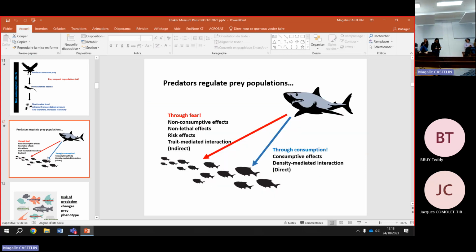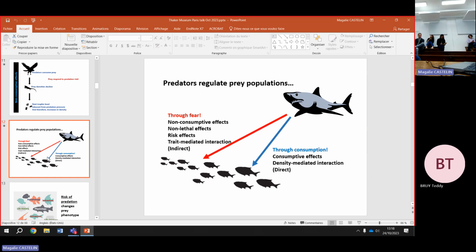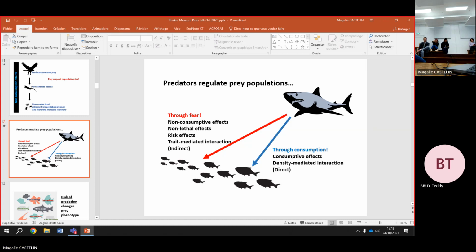Yes. This is what induces, for instance, changes in the intensity of competition. So the increased competition, you would call it, has a direct consequence of the consumption. Right, yes, the consumption.